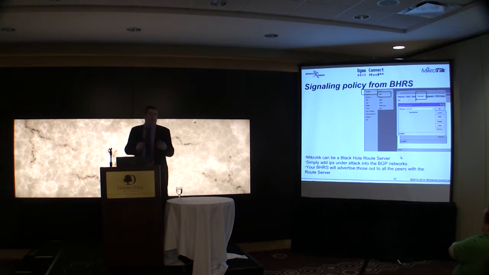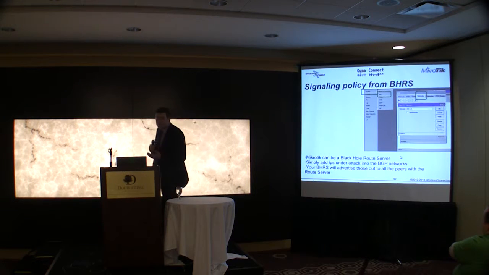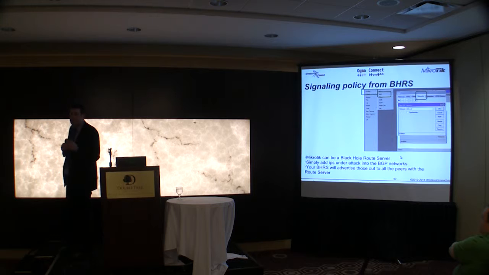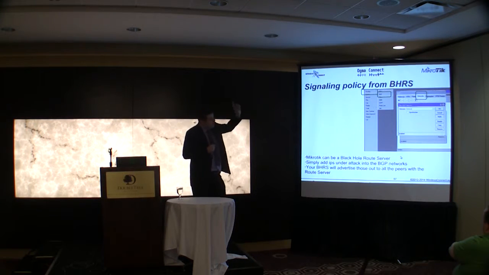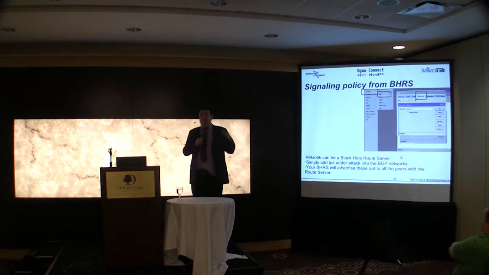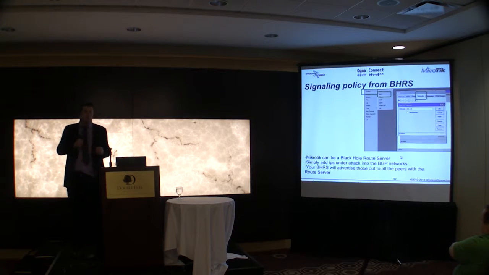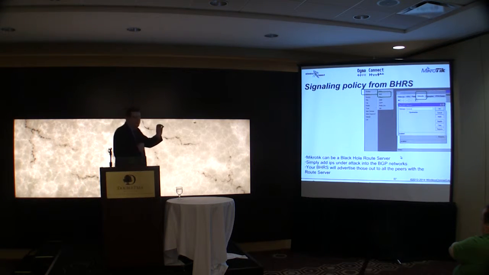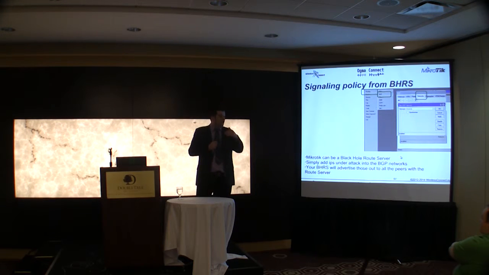So if you wanted to set up a black hole route server, how hard is it? Well, it's basically like setting up a standard BGP router. You go to routing, BGP, networks, and you add in the network, /32 up to /25. The reason I say you should keep it below that is that most providers won't accept anything longer than /24 on their normal routing table.